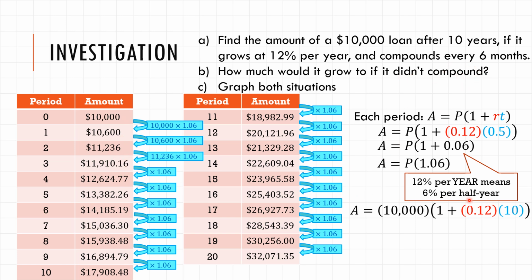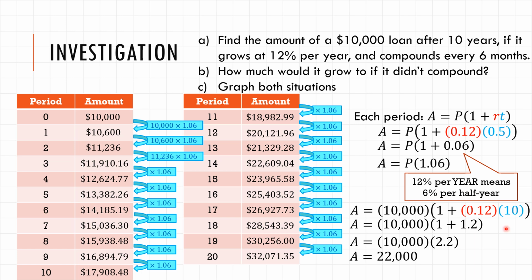It's just growing by 12% of the principal, of the original amount every year. So $12 for every $100, and it does that for 10 years, which would give me $22,000 flat.